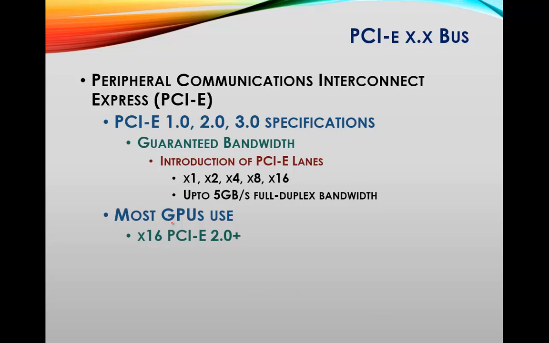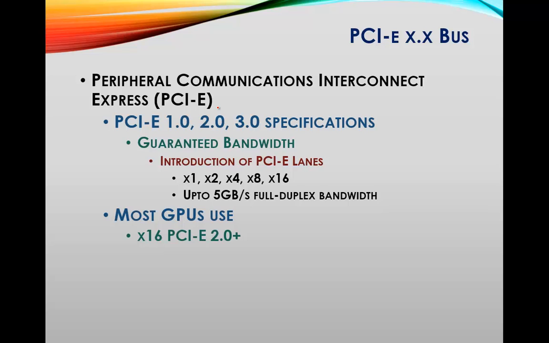It's essentially the expansion that occurred over the general industrial grade PCI, and the PCIe is an interesting bus because it's based on guaranteed bandwidth. What that means is that in the case of your old PCI systems, you could use the full bandwidth of the bus, but only one device at a time could connect and work with the full bandwidth.